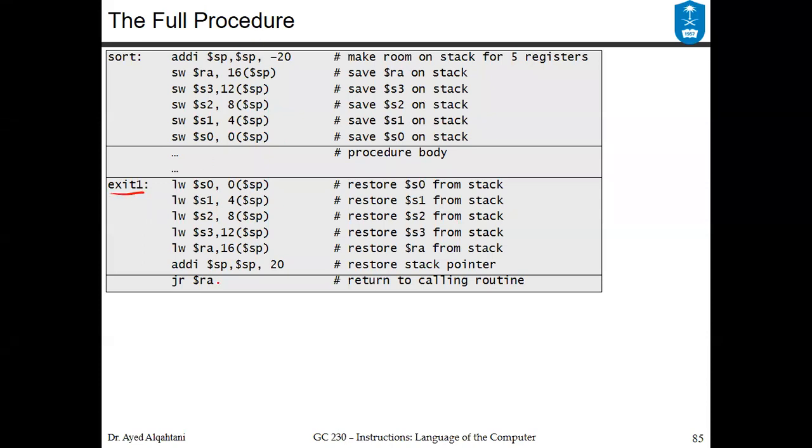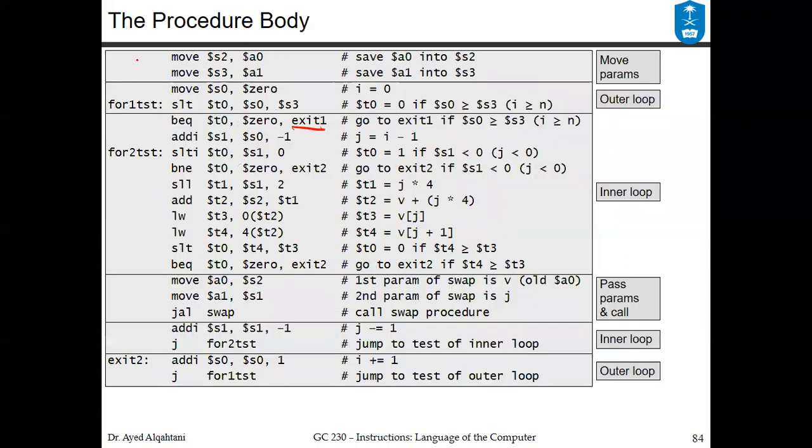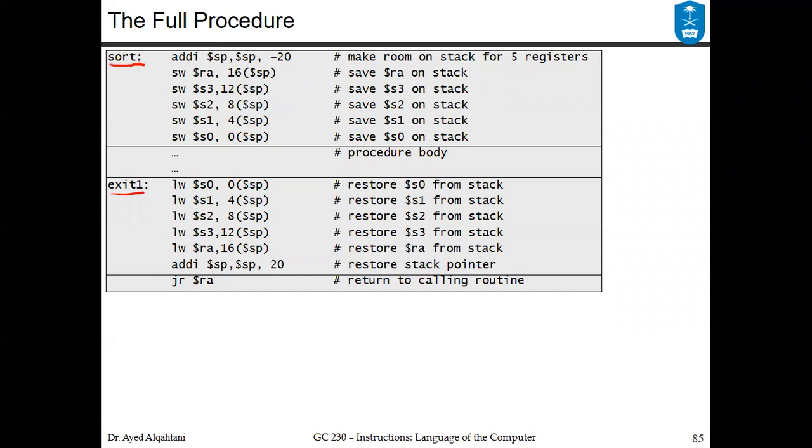And you notice that in this slide, it tells you that this is the beginning of the sort. Here there was no label for the sort, so you have no idea where the beginning is. We used it here because we didn't have space to list all of these. So this is the sort function.